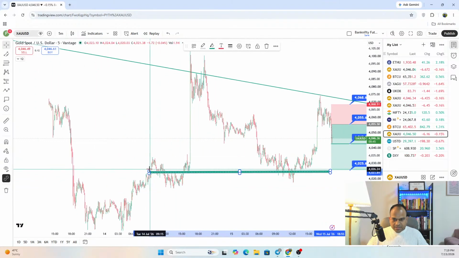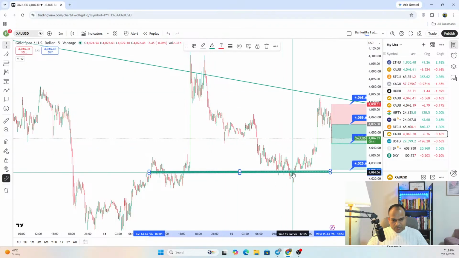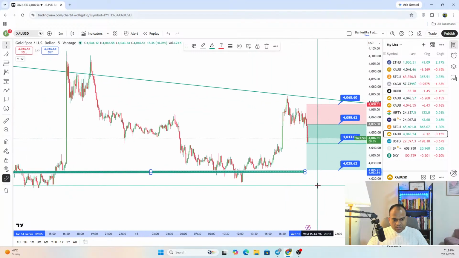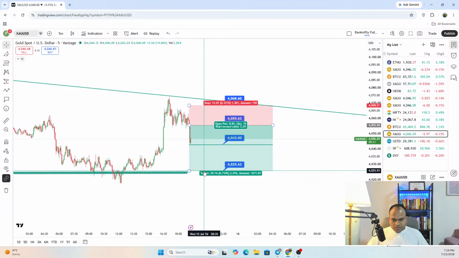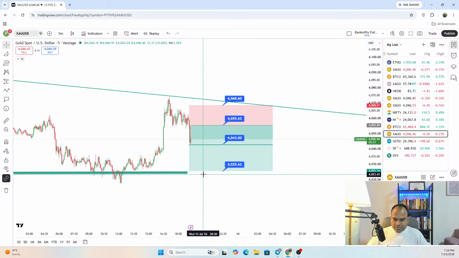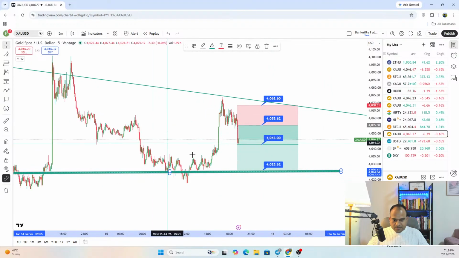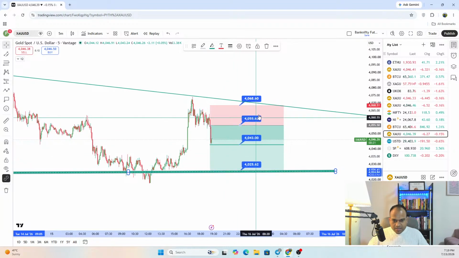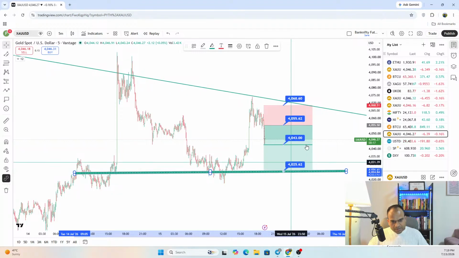So actually this is kind of a support and resistance area. Last time also the market came to this area this morning, and from there the market took off and went to this region. So I'm expecting another tap into this level, 4025 somewhere here. If the market stays above this level, then we may expect another bullish momentum.